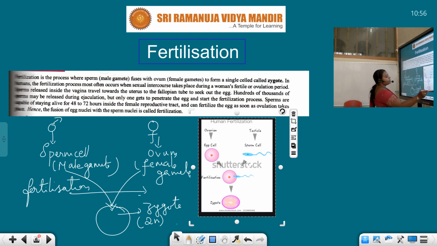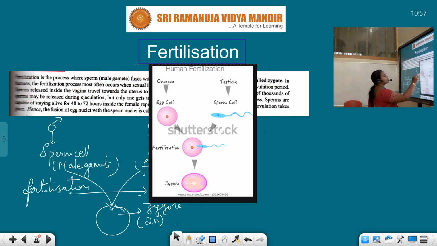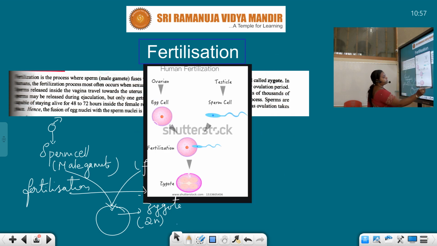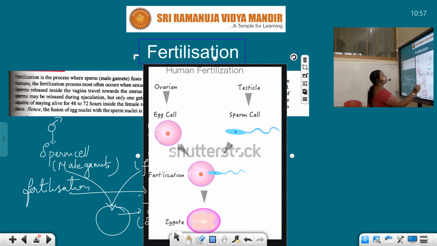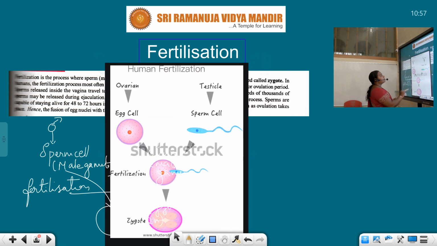Students, just look at the picture. These are the ovaries, they release the egg cell, and the testes, they release the sperm cell. This is the structure of the egg and this is the structure of the sperm cell.